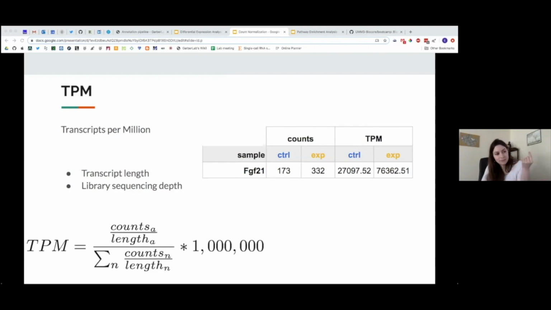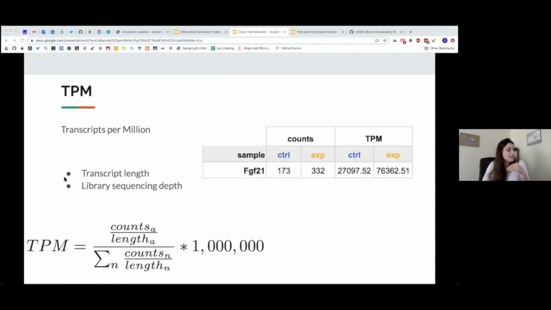And if I summed up the TPMs for the experiment sample, what I would get is again 1 million. So I put the two samples in the same standing. So they both have out of 1 million transcripts, how much would I see of each gene? So that makes it much easier to do direct comparisons across samples.